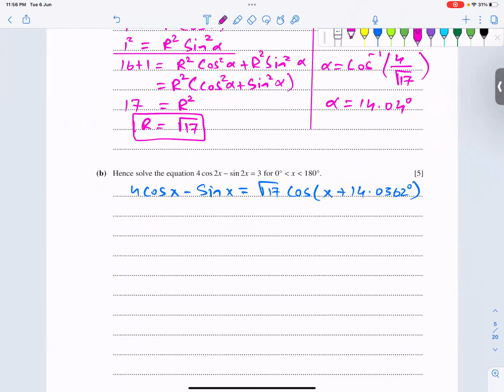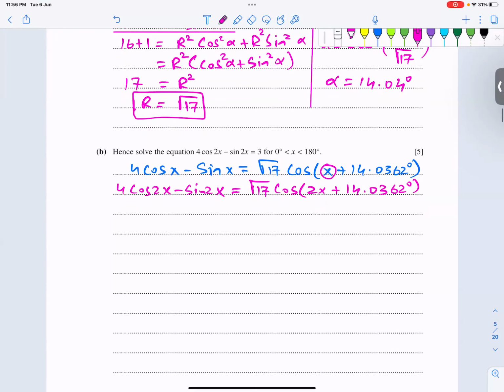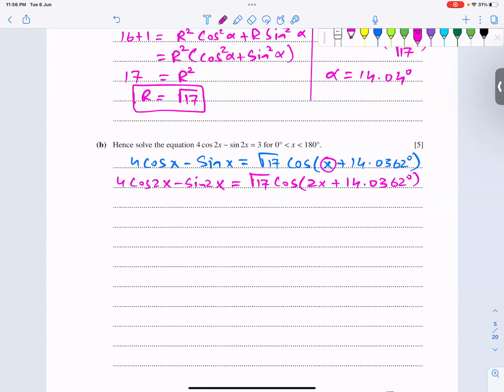But this time you have 4 cos 2x minus sin 2x. So you will replace the answer of the first, x will become 2x. 14.0362 degree. Now we need to find x.